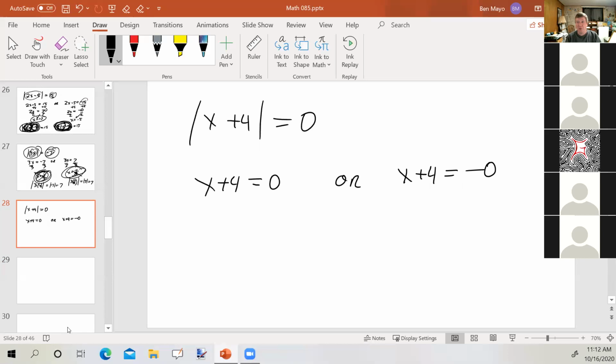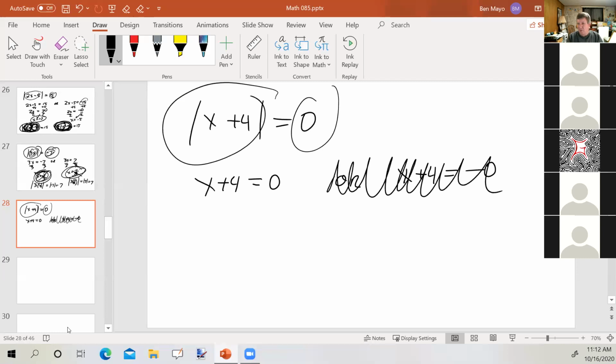You could have +0 or -0. It's still 0. See what I'm saying? Don't overthink it. My point is, when you've got an absolute value equal to 0, there's really only going to be one unique equation, because the other one's going to give you the same thing. -0, 0, same thing. So this is just going to have one solution.